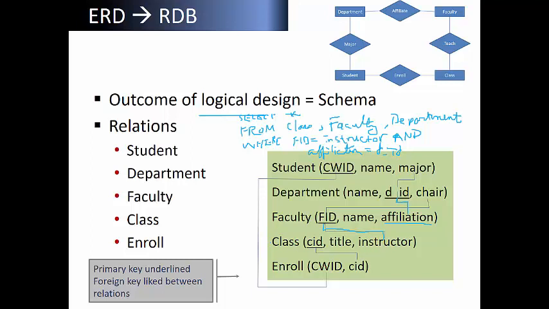So class is joined with faculty, and faculty is joined with department. Join conditions are not the same, right? The first join is based upon faculty ID. The second join is based upon the affiliation here and the department ID there.